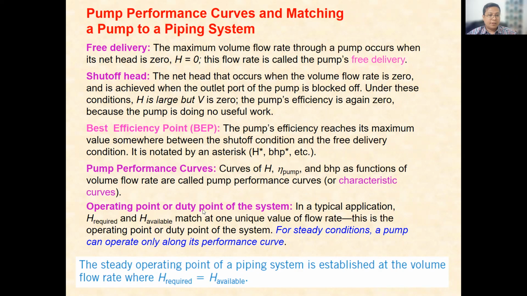The operating point or duty point of the system in a typical application has a target and head available, making one unique value of flow rate. As I mentioned before, we design, we call a head required, and then the pump itself has head available, so we can supply. So that pump power, motor power, we call head available.